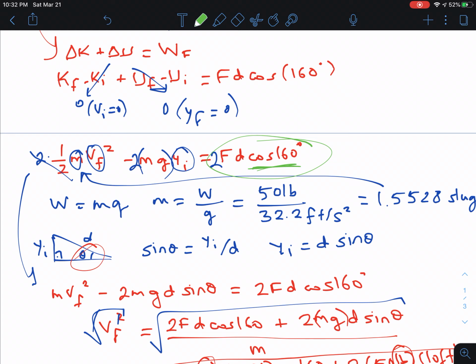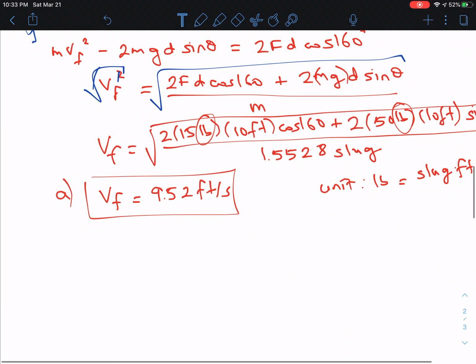So we are really taking energy out of the system. If we don't have that F, we won't have the work done by F. That means we're not going to lose the energy, and it's going to go more towards the kinetic energy. And that should tell you that that's why the estimation is larger for part B and D than this value, 9.52 feet per second.